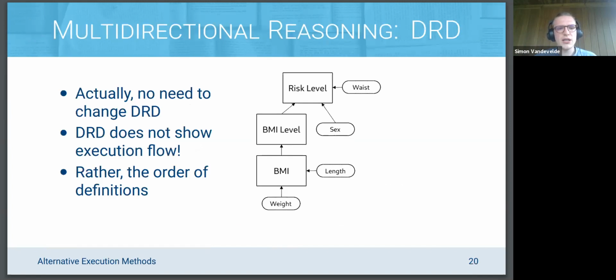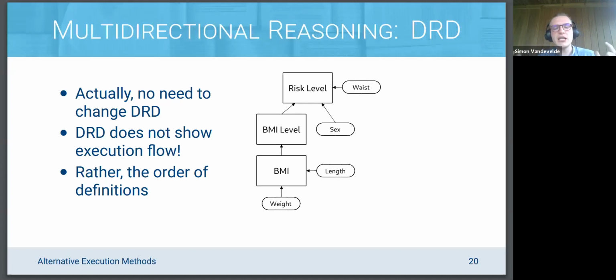Right, so actually, no need to change the DRD, because something that's interesting in the DRD is that it does not show execution flow. The arrows are not meant, at least as we interpret it, to show you how the flow of execution should go, but rather the order of the definitions of the concepts, right? So we define BMI in concepts of length and weight.